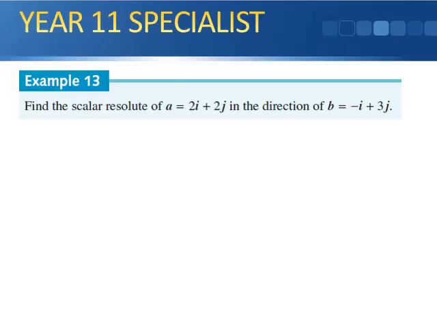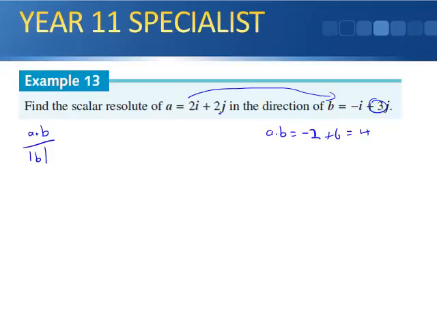Example 13. Find the scalar resolute of A in the direction of B. Okay, now the scalar resolute is given by the rule of A times B divided by the magnitude of B. So A times B, we'll do it over here. A times B is 2 times the negative 1, which is negative 2, and 2 times the positive 3, which is 6.